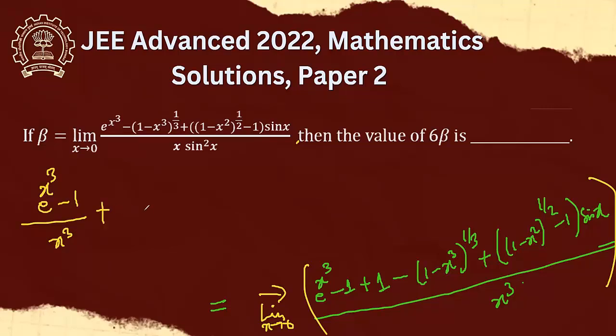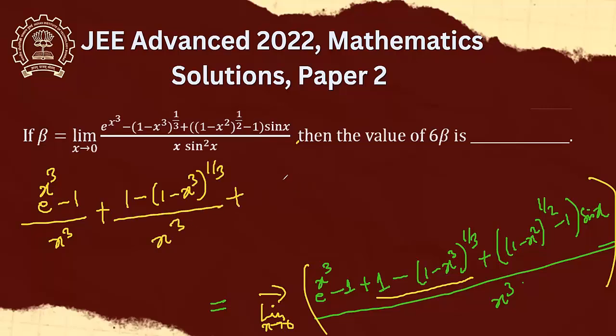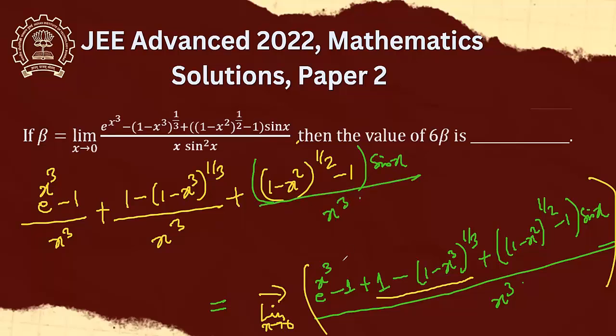This plus, the second thing is going to be 1 minus x cube whole to the power 1 by 3 whole upon x cube, plus the last thing is going to be 1 minus x square whole to the power 1 by 2 minus 1, times sin x upon x cube, right?